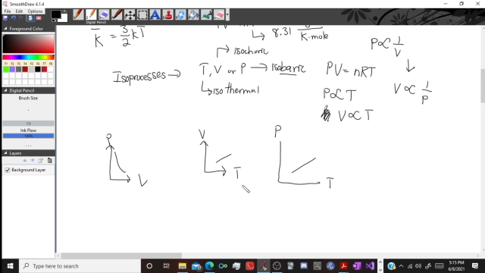I don't think this is too important to memorize because you could simply derive it. And I think that's pretty much it for the basics of kinetic gas theory.